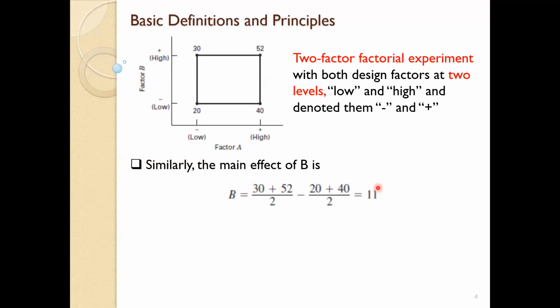For factor B also, high B, 30 and 52 divided by 2, minus low B, you get positive also. That means when you increase from low to high, the response increases, or when you decrease from high to low, the response also decreases. This is the meaning of this.